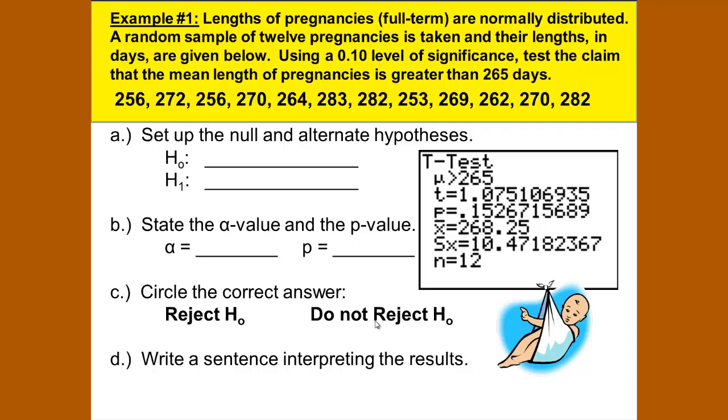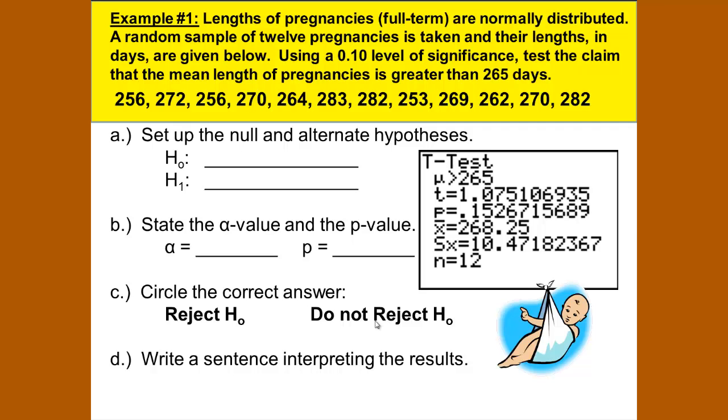And we have the data as 256, 272, 256, 270, 264, 283, 282, 253, 269, 262, 270, and 282.